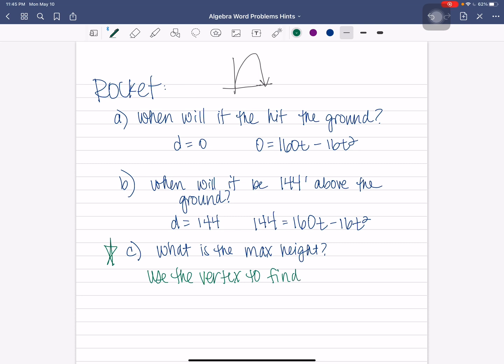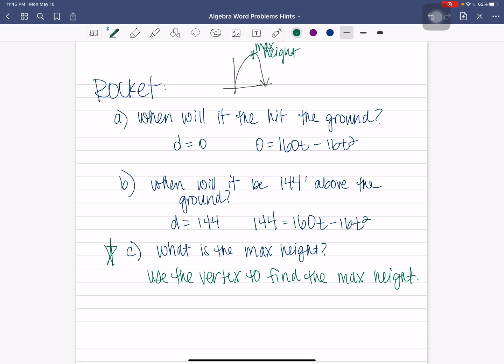So use the vertex to find the maximum height. Remember, to find the maximum height, you have to first find how long it's going to take until it is at its peak. I'm going to put a little star here at the top. This is our maximum height.